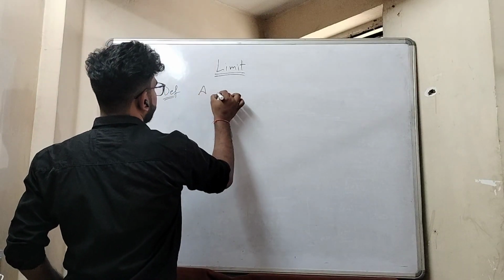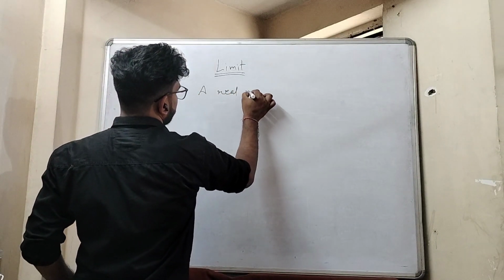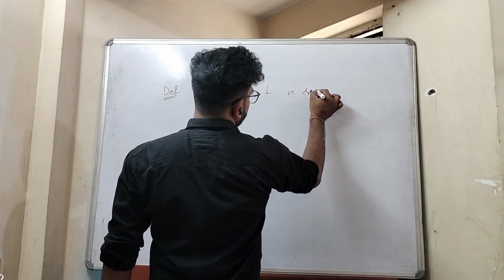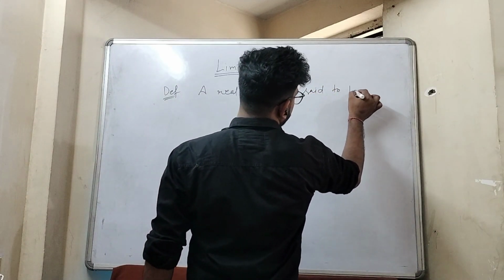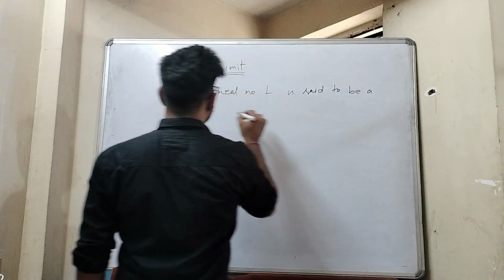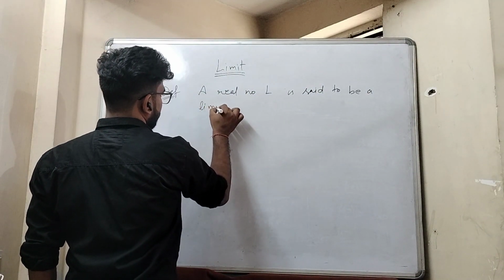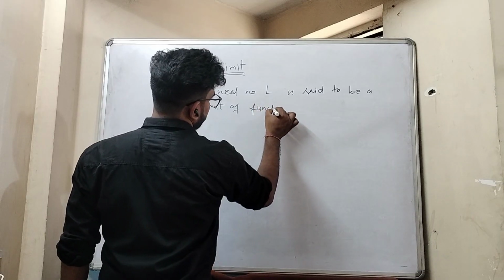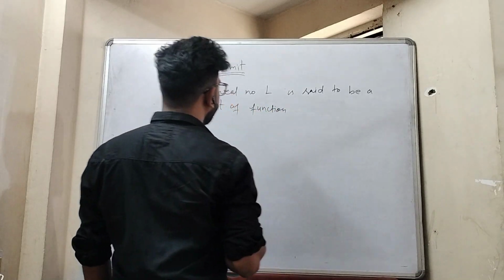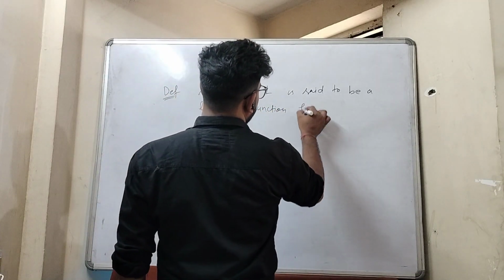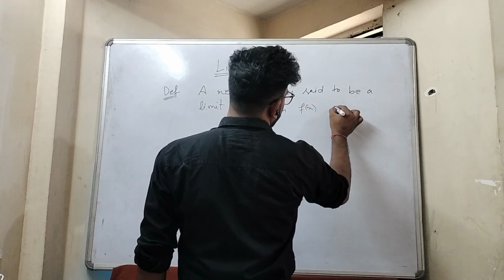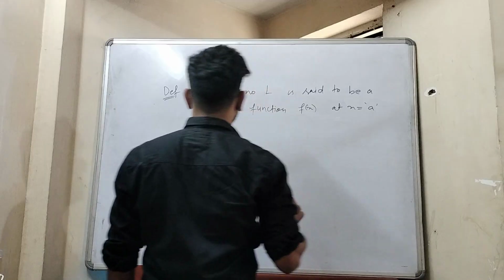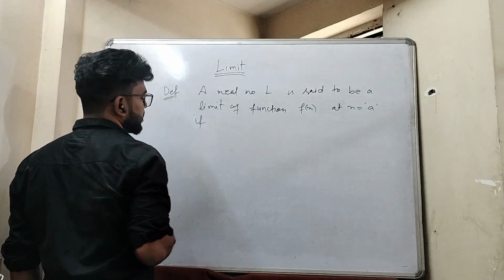A real number L is said to be a limit of a function f of x at x equal to some point, say a, if this condition is satisfied.